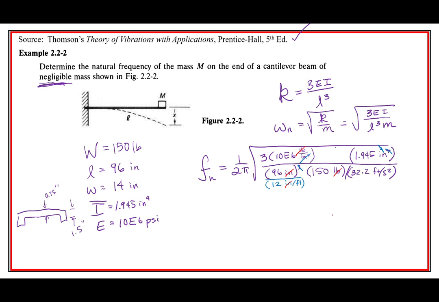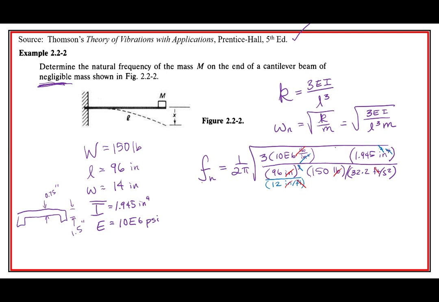The pounds got rid of the thing, and I think it's going to be rid of feet on the bottom, and that feet is going to cancel out that feet, and we're left with 1 over second squared as part of this. I'm pretty confident of it. And then when we square root it, we'll have it in the correct units.